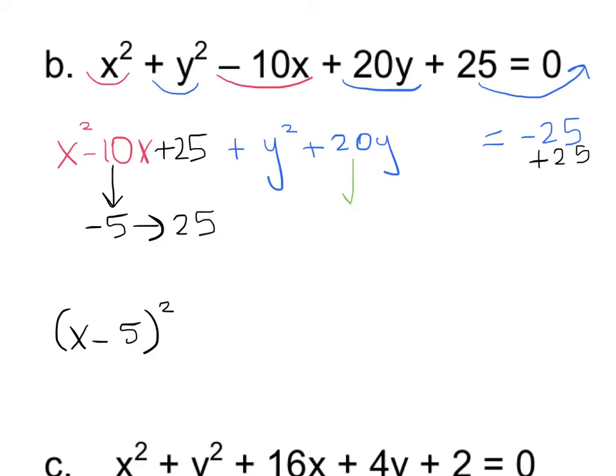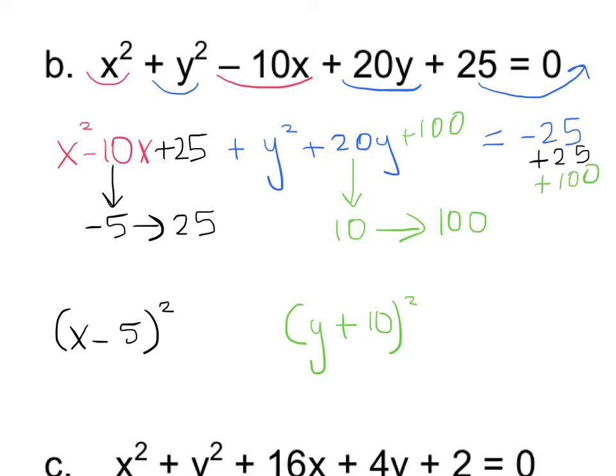Again, the middle term, which is the y, you divide it by 2, you get a 10, so you directly know that it's going to be y plus 10 to the power 2. But we need to know what to add, so you square it, so you know you have to add 100, so you add 100 to the other side. Now remember, this has to be a plus, so negative 25 plus 25 cancel out, you are left with 100, and that's it.